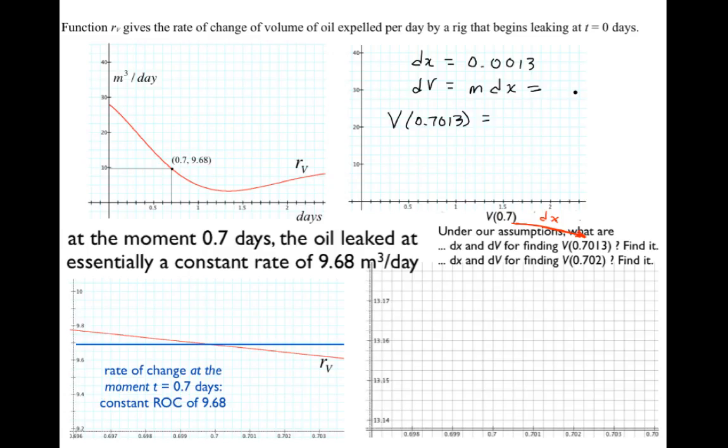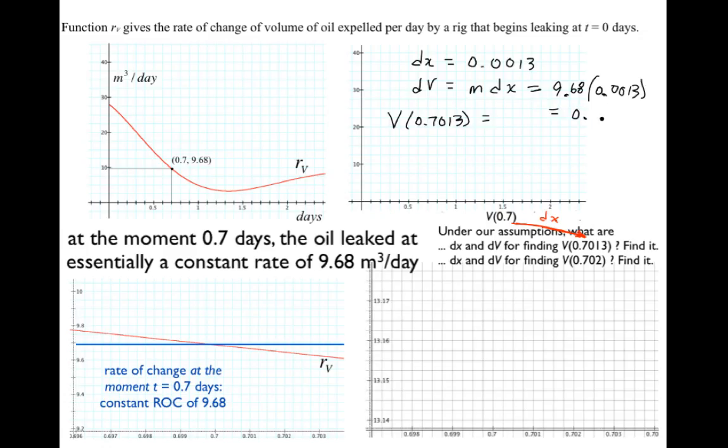What does the 9.68 mean? It means for any change in time, the change in volume is 9.68 times that change in time. And we're going to use it now. So we're going to say 9.68 times the change in x. And you get a number for that. What number do you get?